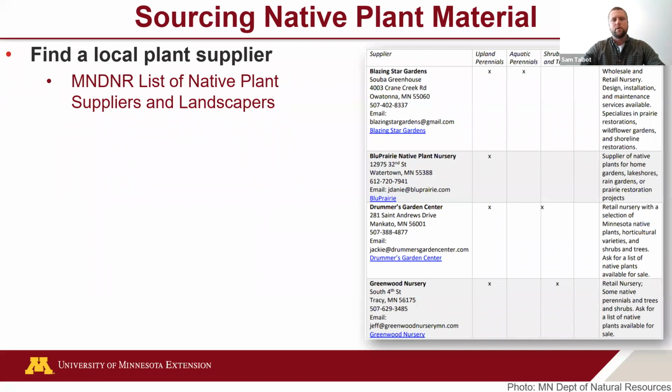They also code it or break it down into upland, aquatic, and shrubs and trees. So those upland perennials, if you're looking for more of the prairie species, those are the ones to go for. But it's a great resource if you're looking for shoreline or wetland restoration type stuff. And then again, BLONS too, with some more information. So yeah, you can check out that site.